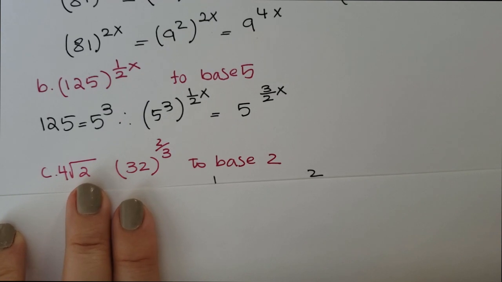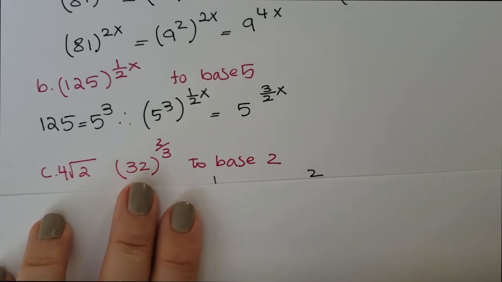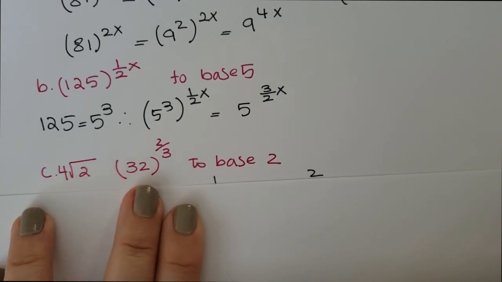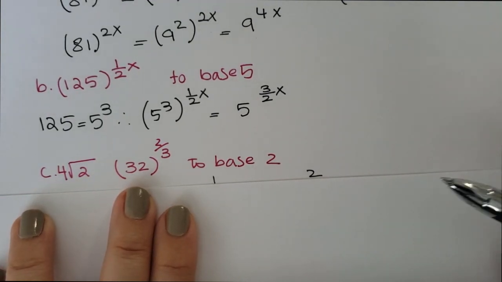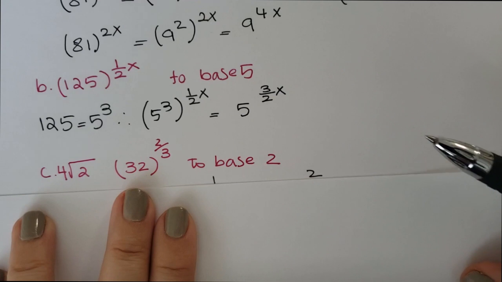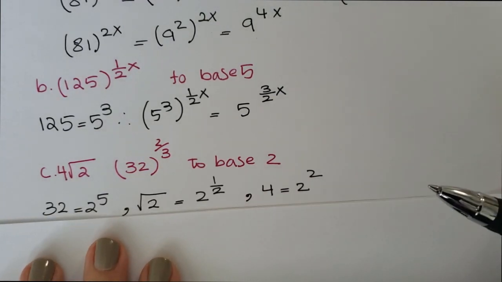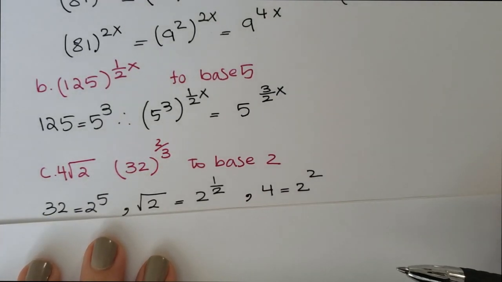Then I have radical 2. Then I have 32, which is raised to the power 2 over 3. So each of these can be converted to a base of 2, but they would have very different exponents. Let's do them one by one and then substitute them back, okay?